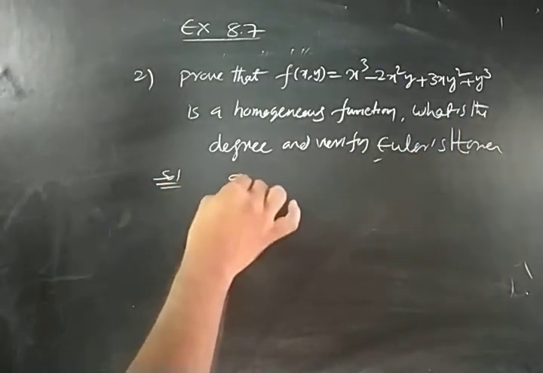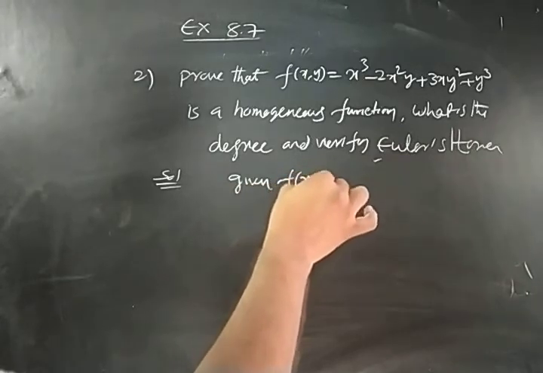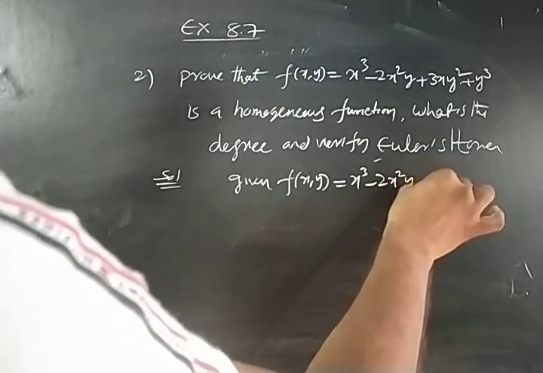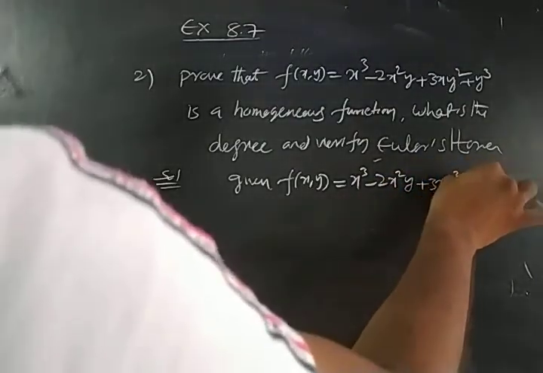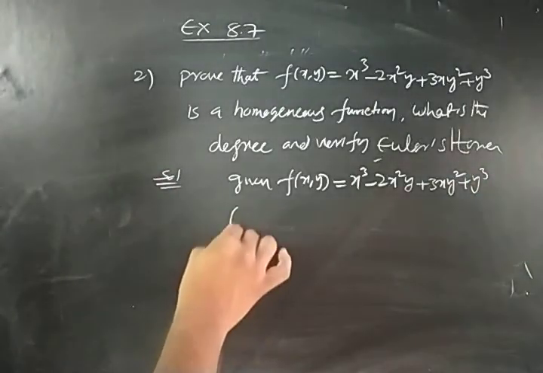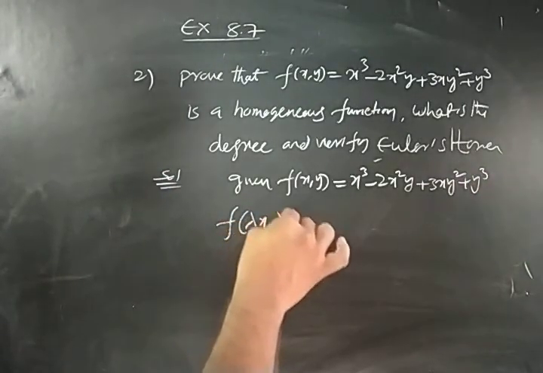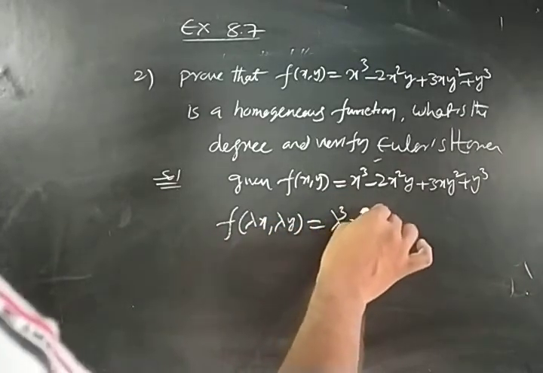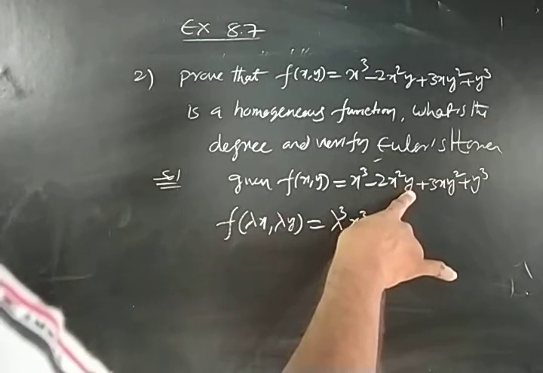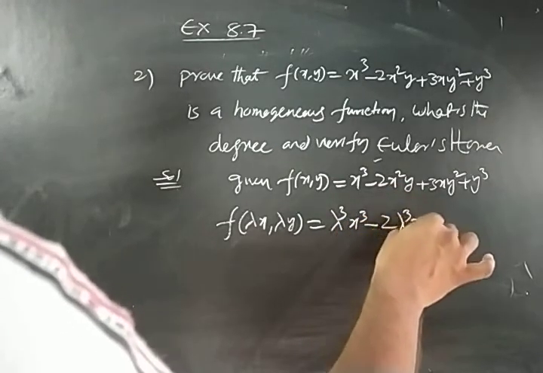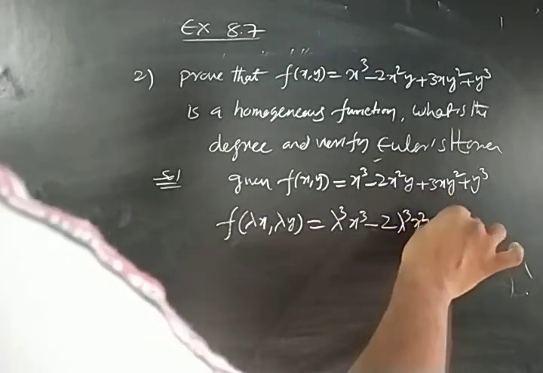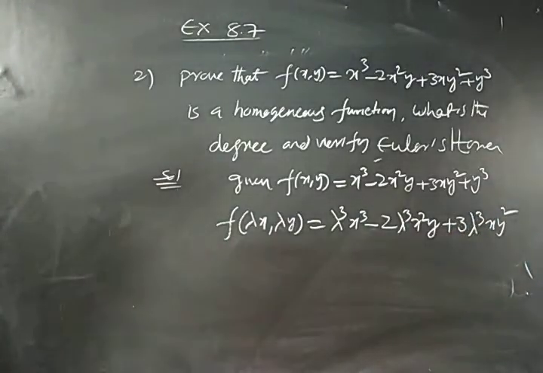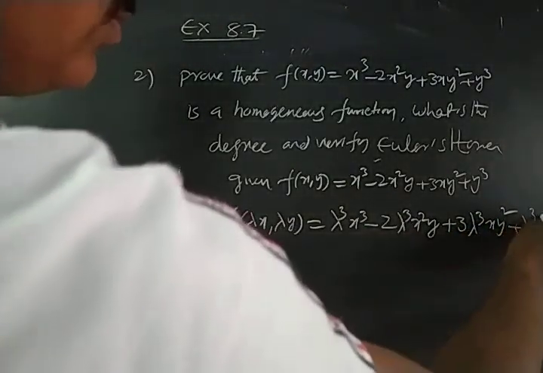Solution. Given function f of x comma y is x cube minus 2x square y plus 3xy square plus y cube. In place of x I am substituting lambda x, in place of y lambda y. So lambda x whole cube is lambda cube x cube, then minus 2 lambda cube x square y, then 3 lambda cube xy square, and lambda cube y cube.